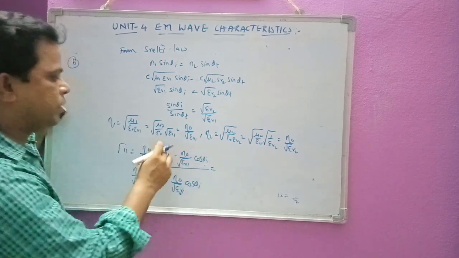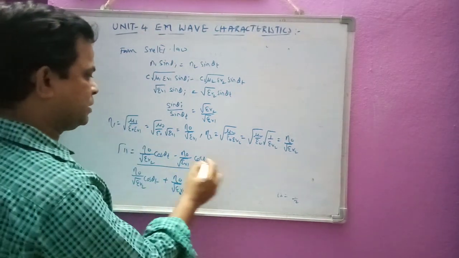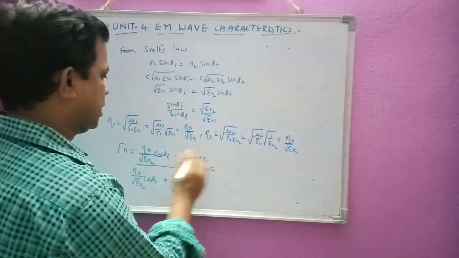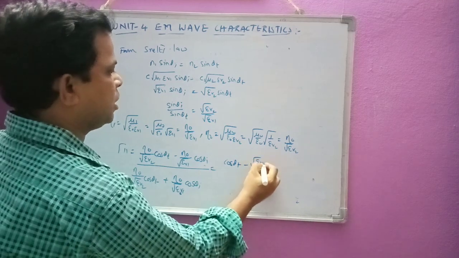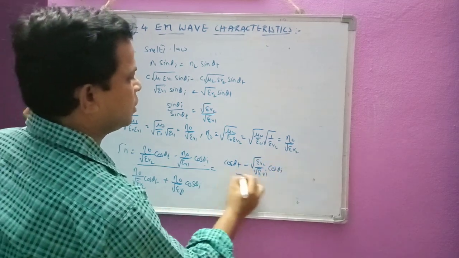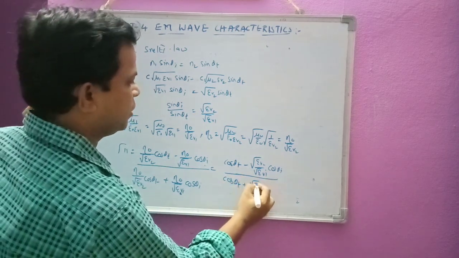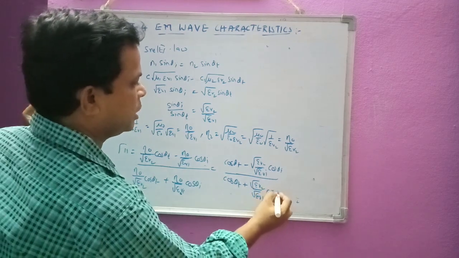Now if I multiply this equation by square root of epsilon r2, eta naught is common and will get cancelled. We get cos theta t minus square root of epsilon r2 by epsilon r1 into cos theta I, by cos theta t plus square root of epsilon r2 by epsilon r1 cos theta I.